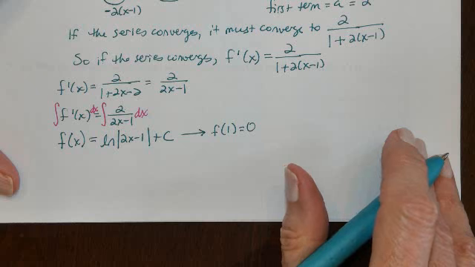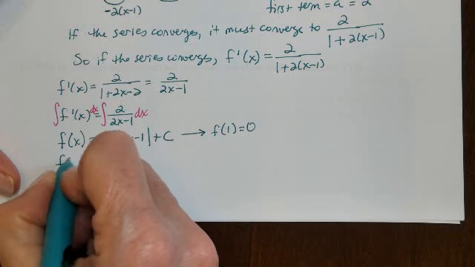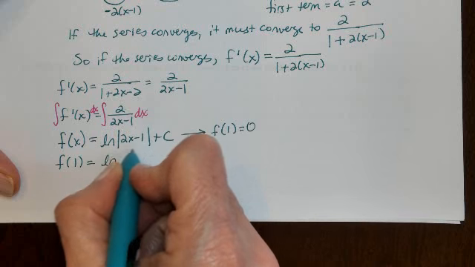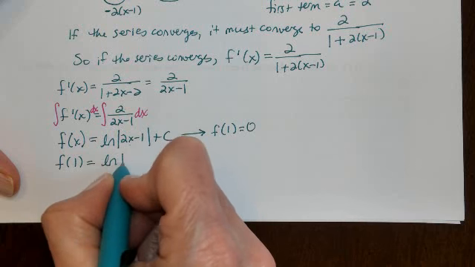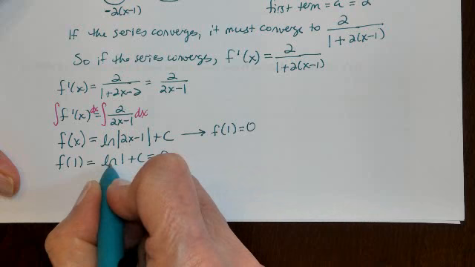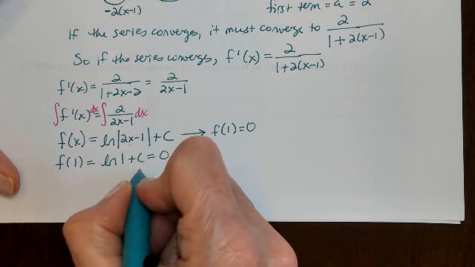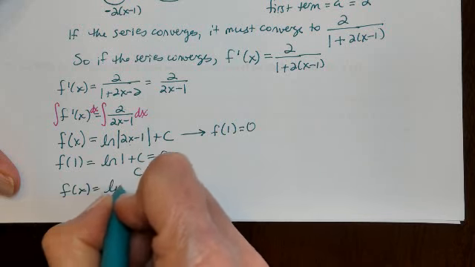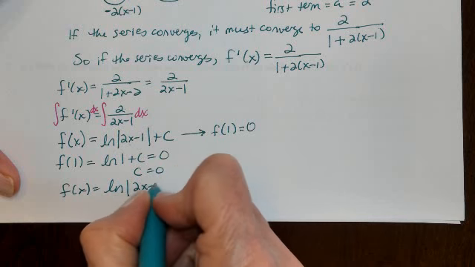Okay? So f of 1, which is natural log of 1 plus c, must be 0. Natural log of 1 is 0, so c must be 0. So f of x must be natural log absolute value 2x minus 1.